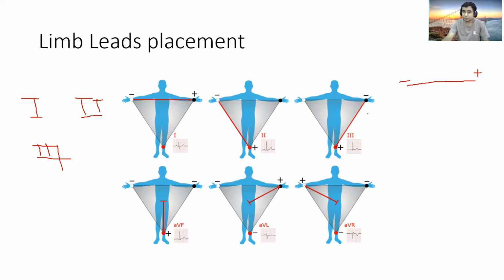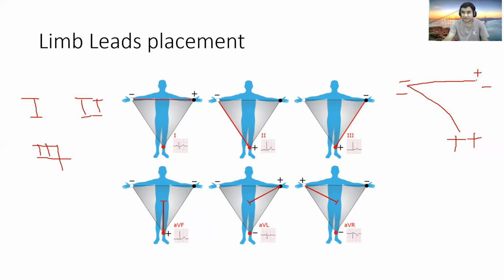Similarly, for lead 2, the negative terminal is kept at the right arm and the positive terminal at the left foot. For limb lead 3, the negative terminal is kept at the left arm and the positive terminal at the left foot.